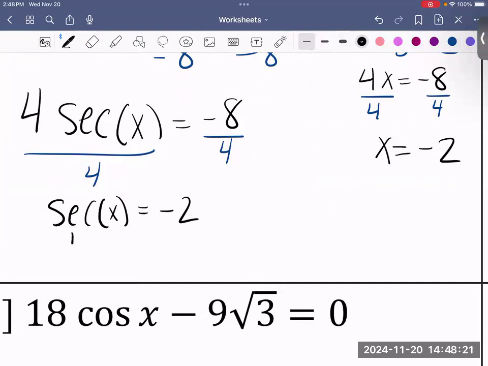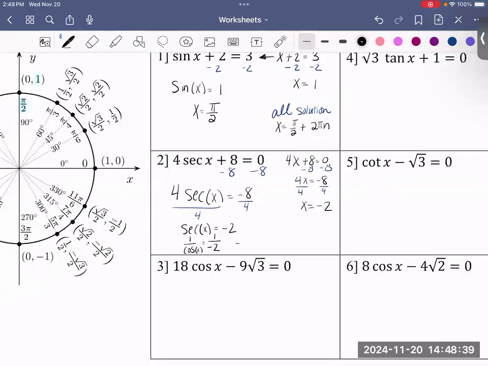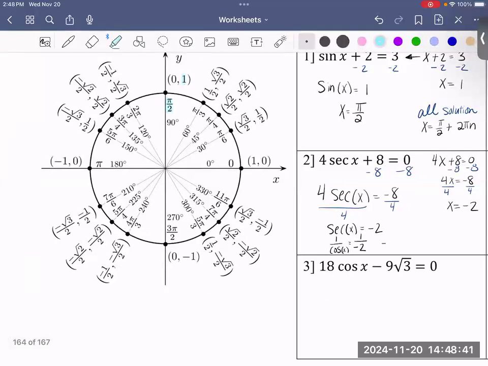So thinking about now what we know about secant. Well, secant is 1 over cosine of x, meaning we really have 1 over cosine of x equal to negative 2, or cosine of x equal to negative 1/2. On your unit circle here, looking at where cosine is equal to negative 1/2, that would be here at 2 pi over 3, and again at 4 pi over 3.